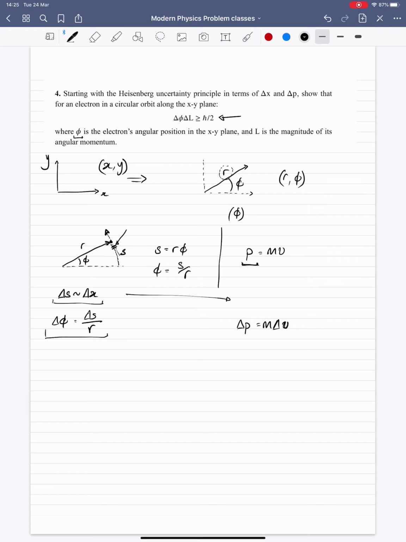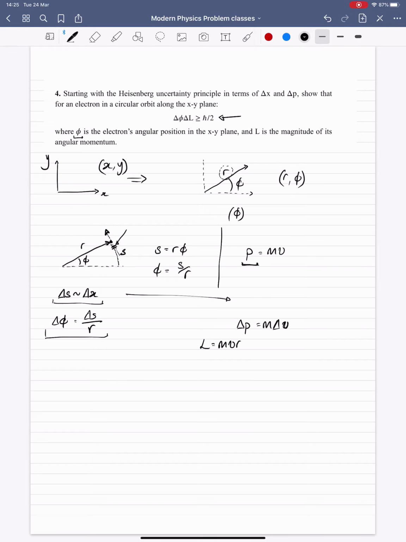Now, here you'll notice that we're missing a piece. We're missing L. But that's okay, because of the fact that we're dealing with such small distances traversed by this particle along the circumference, we can also say that L is equal to mvr.